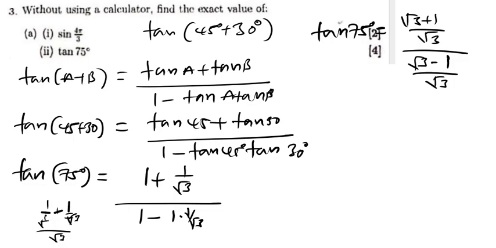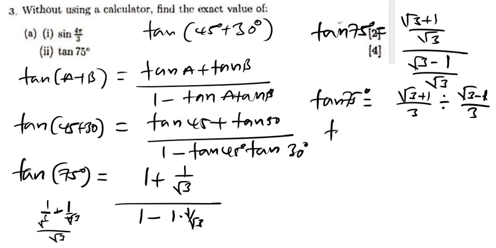At this point, you can clearly see that tan 75 degrees is equal to root 3 plus 1 divided by root 3, then you are dividing by root 3 minus 1 divided by root 3.